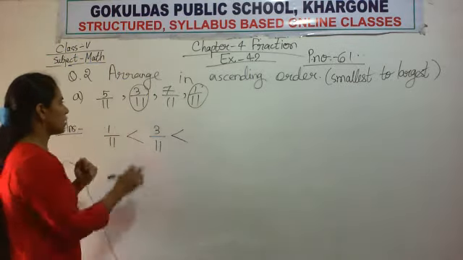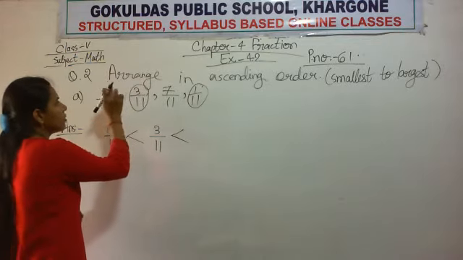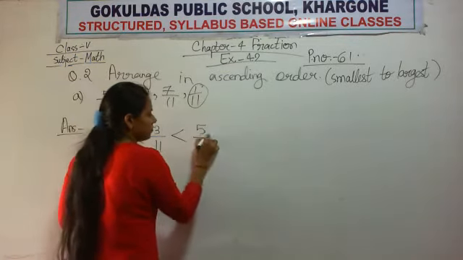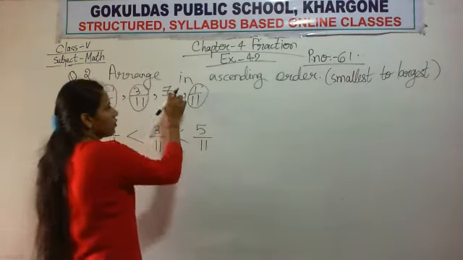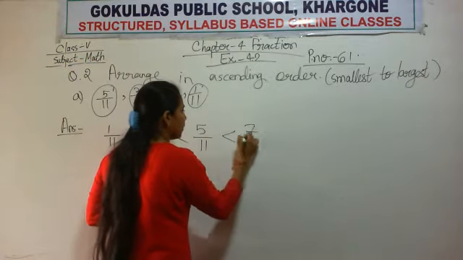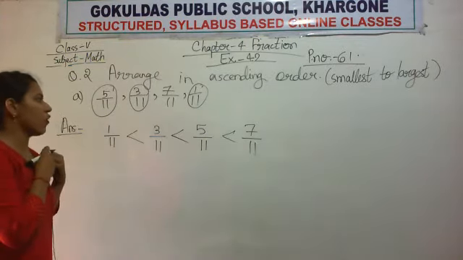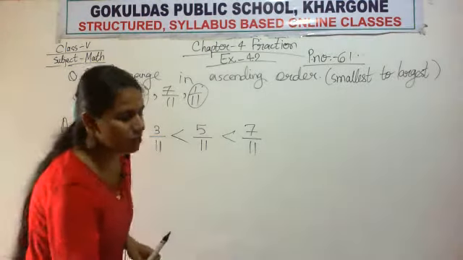As both are like fractions, we will compare only the numerators. 5 upon 11 is smaller. Now the last one is 7 upon 11. Okay. So this is the ascending order arrangement of the given fractions.